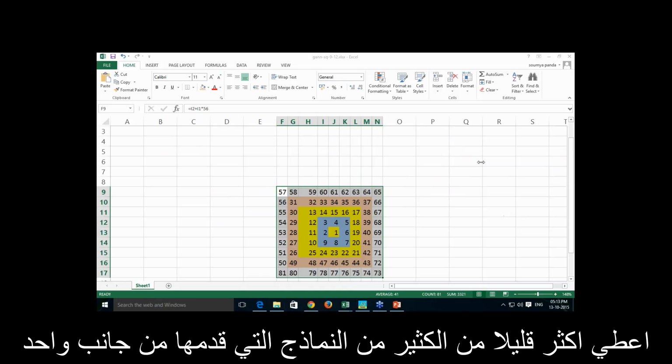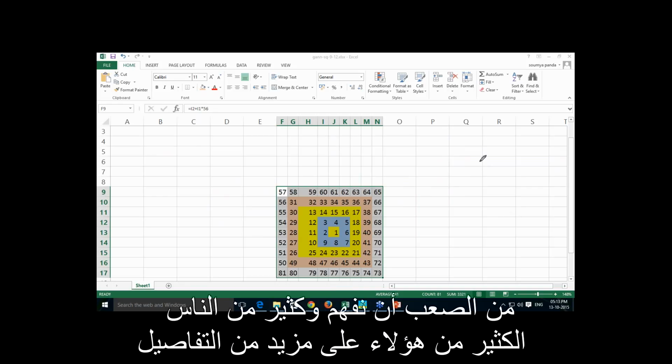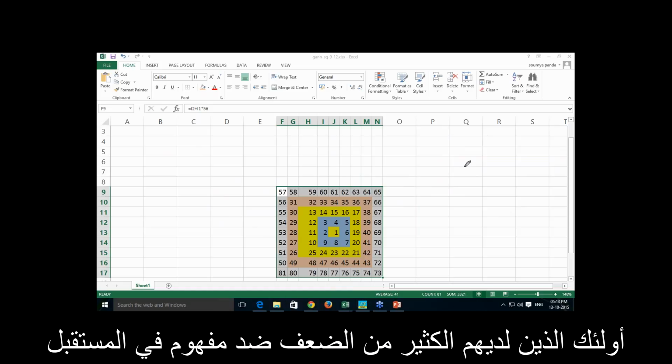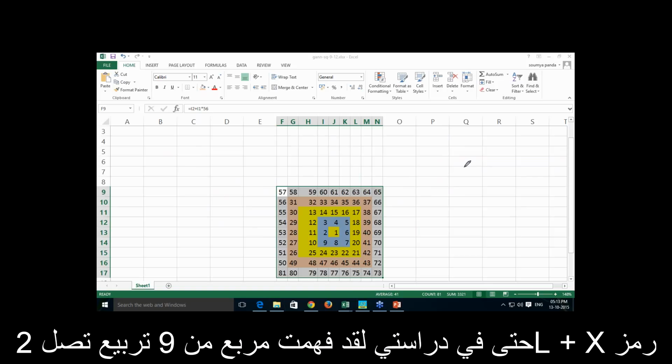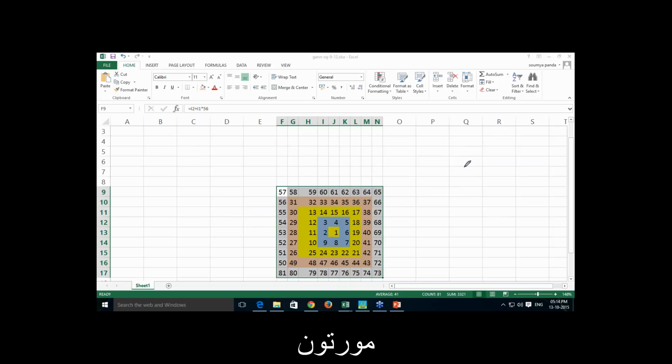So many models he has given. However, many of those models are difficult to understand, and many people who have followed W.D. Gann's concept in later eras fail to understand many models. So in my study, I have understood the square of 9, the square of 12 and the hexagon model.